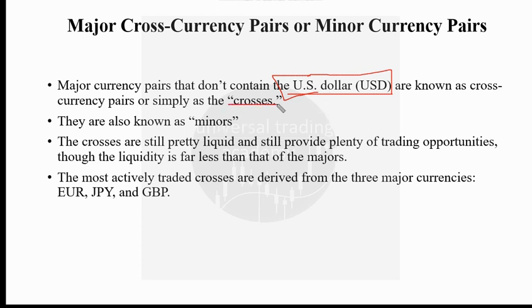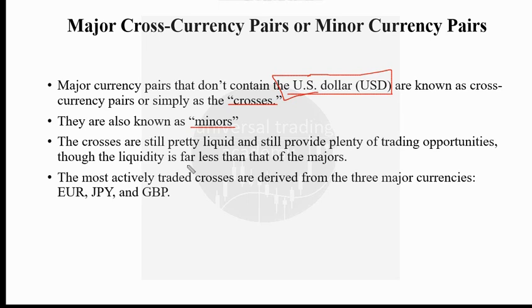So they are called the crosses, and some people call them the minors. Just don't confuse them with small children. These currency pairs in general still provide a high volume of trading, just like the majors, but the liquidity is far less than that of the majors.